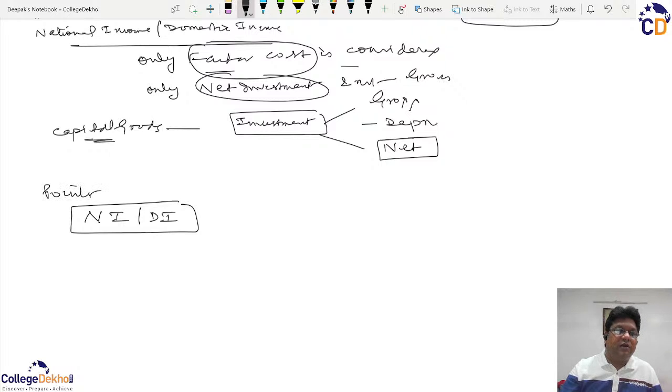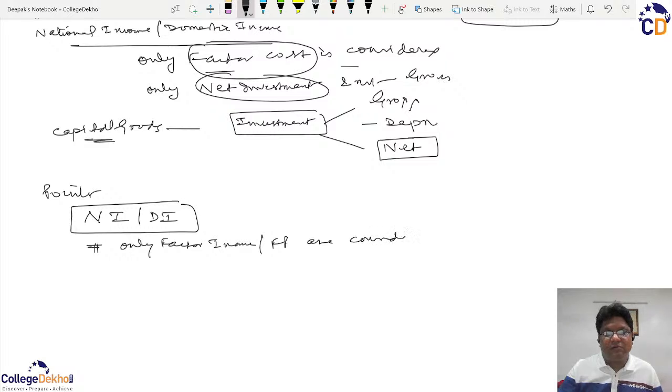So we should always calculate national income and domestic income keeping in mind the following 4 points: first, only factor incomes, or I should say the factor payments, are considered, and not the transfer income.